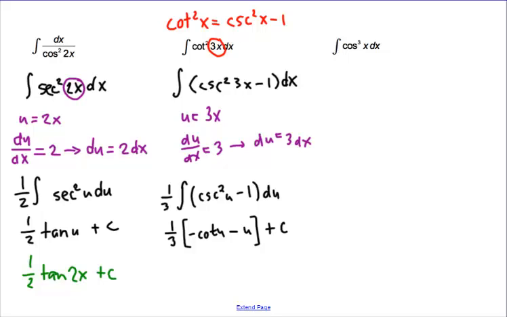So we would say this is negative 1/3 cotangent 3x, minus, now u is 3x, but I'm timesing that by a 1/3. So I've got negative 1/3 times 3x. 1/3 times 3 is 1, so I could really erase that and just call it x. So minus x, and then it's plus c. So that would be my answer right there.